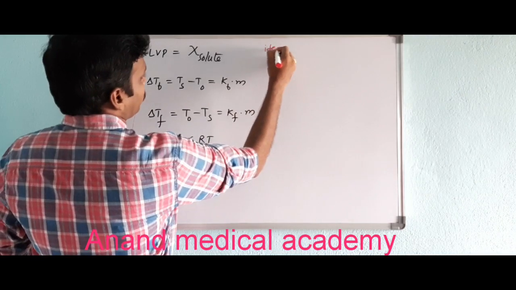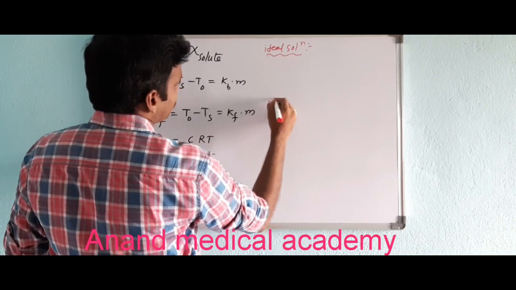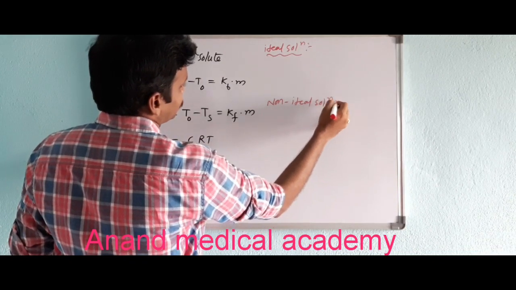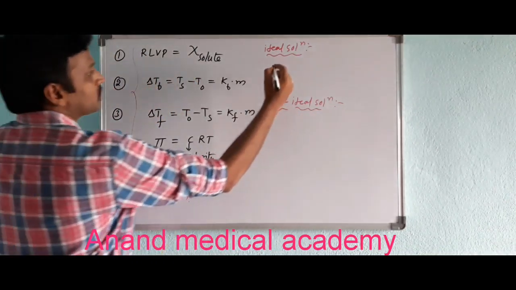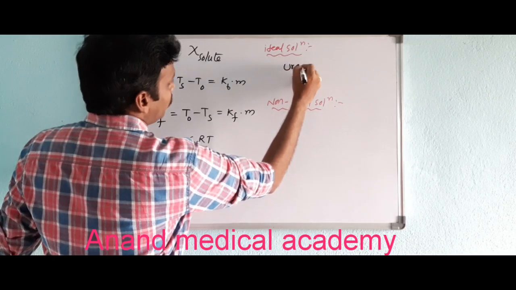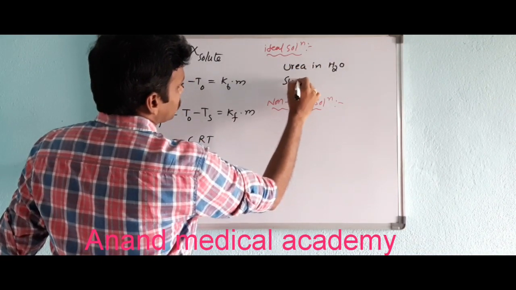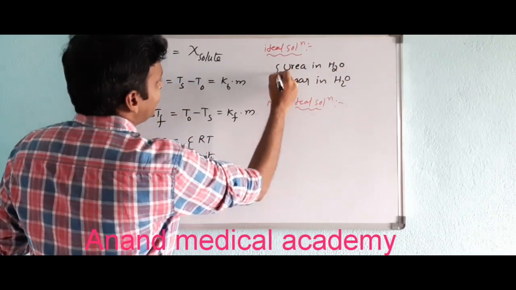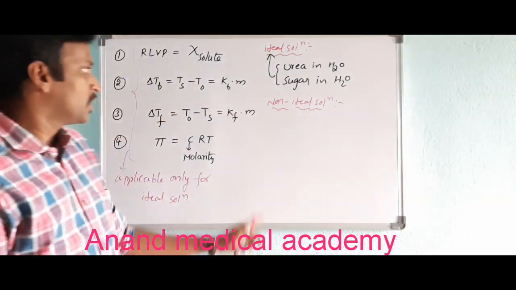What is the difference between an ideal solution and a non-ideal solution? Ideal solution: suppose urea in water or sugar in water. They are ideal solutions. Why are they ideal solutions?